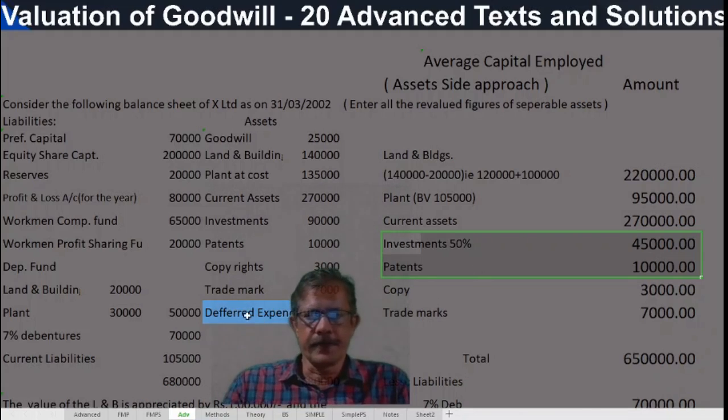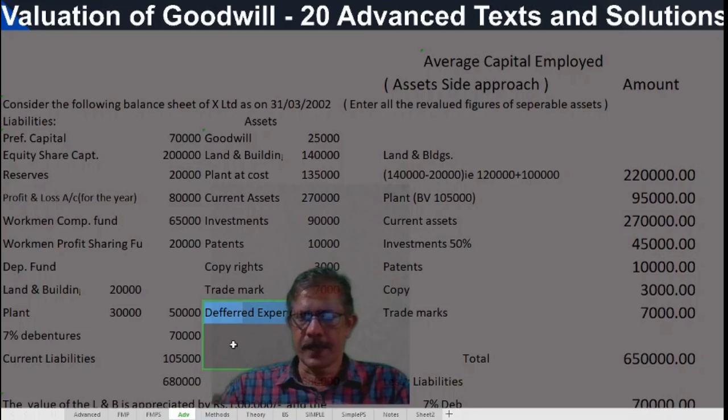And these deferred expenditures are not employed in the business, because it is only a debit balance carried forward amount that is showing here. So let's understand why it is not considered and why it is considered. In order to ascertain the real capital employed, the fixed assets should be revalued and taken at their new values, fair values.